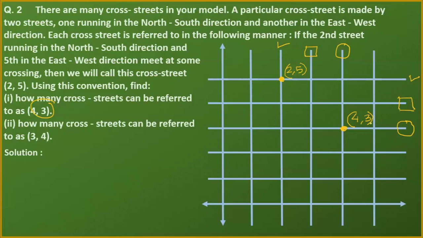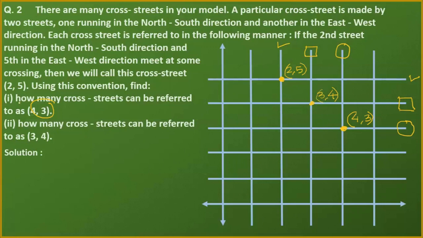Now these two lines which I put the square on, where are they meeting? Observe, they are meeting at this particular point. The value is 3, 4, and again I can say they are meeting at one point only.